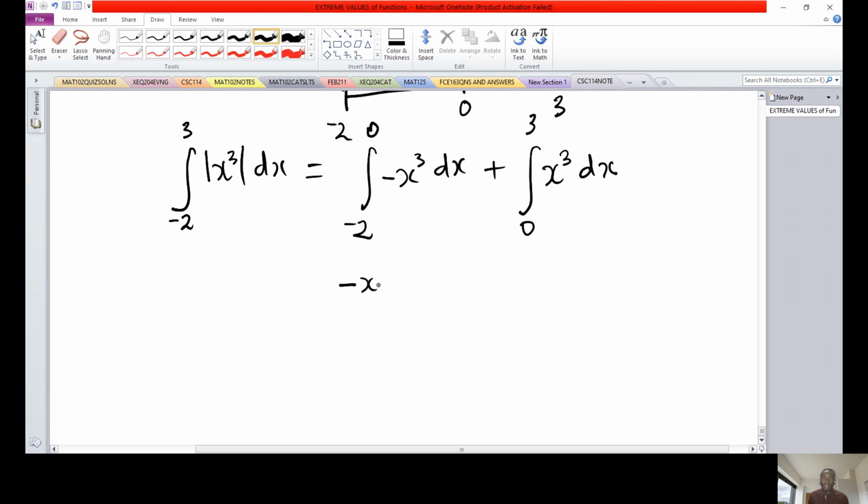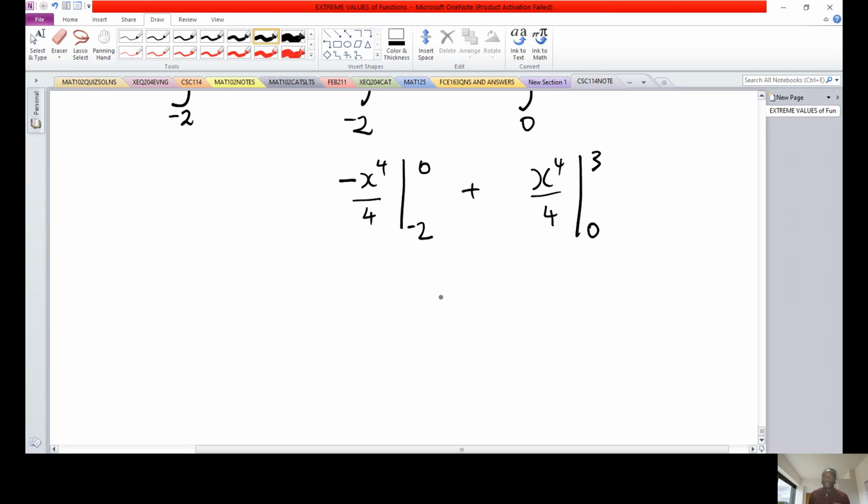So this will be -x to the power 4 over 4 from -2 to 0 plus x to the power 4 over 4 from 0 to 3. So this will give us the upper limit 0 minus (-2) to the power 4, so minus that over 4, plus 3 to the power 4 over 4 minus 0 cubed over 4.